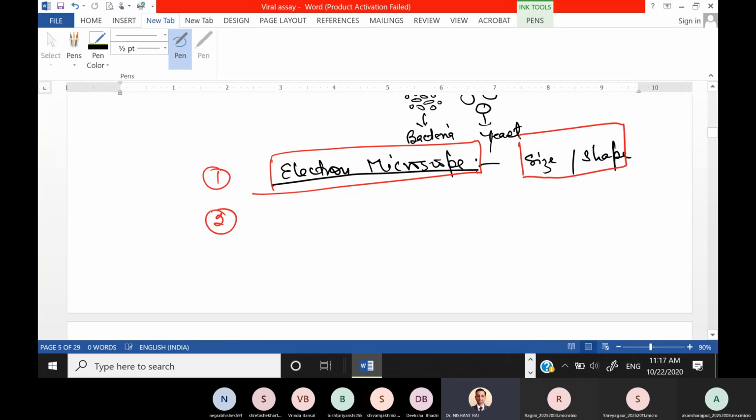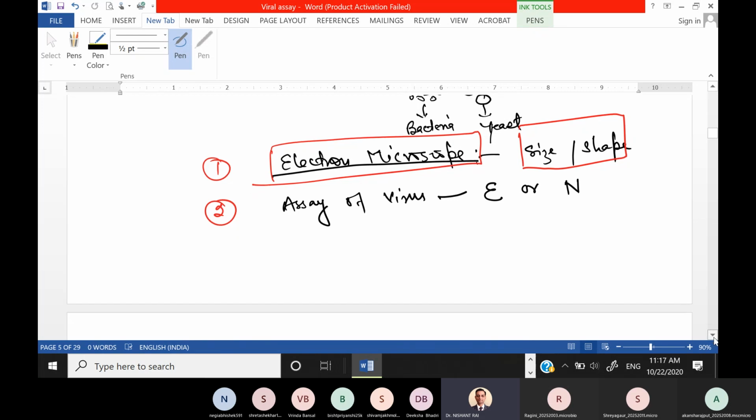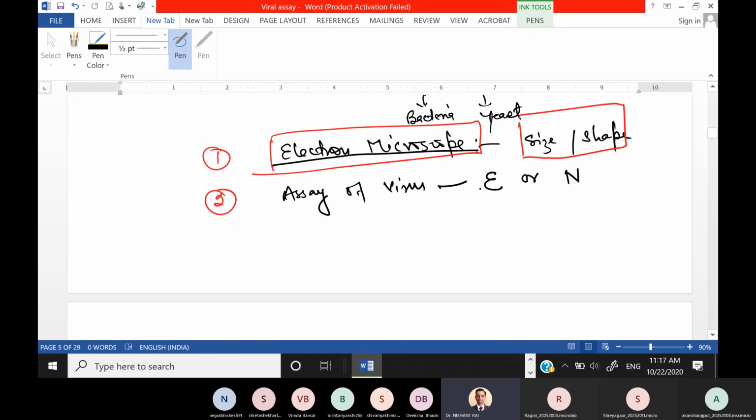Now let's take the second identification. Let us suppose the given virus sample may have an envelope or may not have any envelope. So you are trying to assay the virus as to whether it is enveloped or naked. Fine. When you studied morphology you learned that there are enveloped viruses and naked viruses. And these enveloped viruses may contain different types of envelopes.